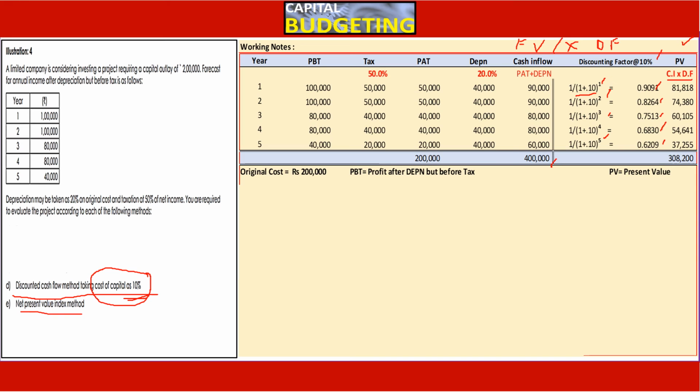Suggesting 90,000 received at the end of the year, if I receive it today, I should receive 81,000. If 90,000 is received at the end of 2 years, if I receive it today, its value is 74,000.